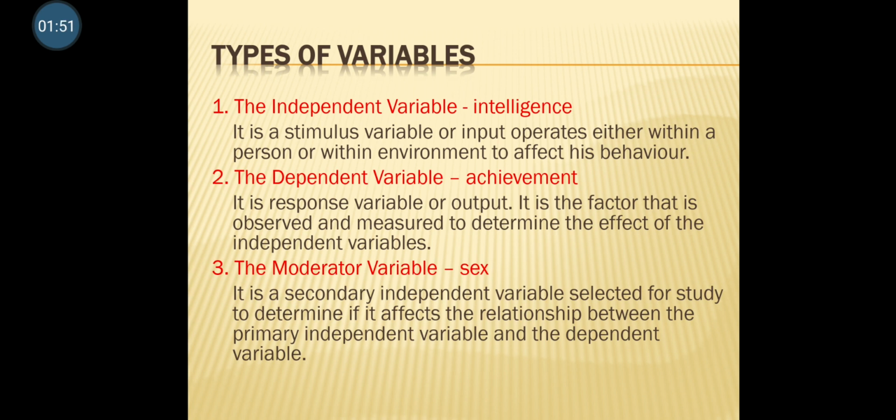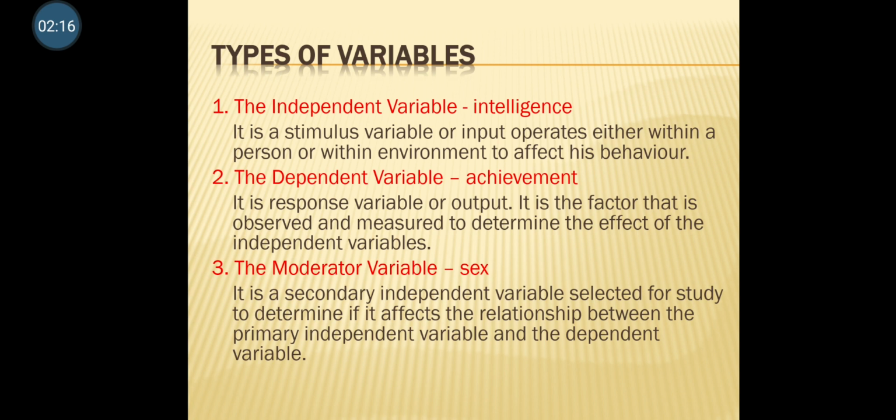The achievements are, for example, marks of a student. It depends on the intelligence of the student. So here intelligence or IQ is an independent variable which has an effect on the marks of the student. So here achievement is a dependent variable and IQ, that is intelligence, is an independent variable.